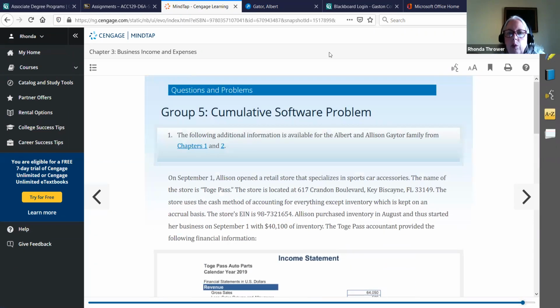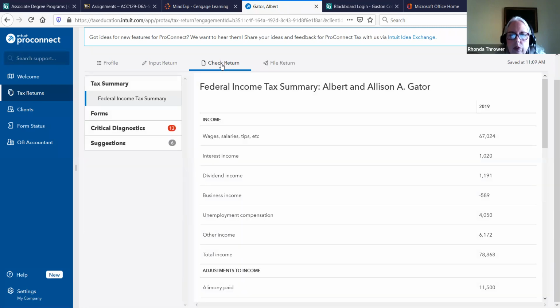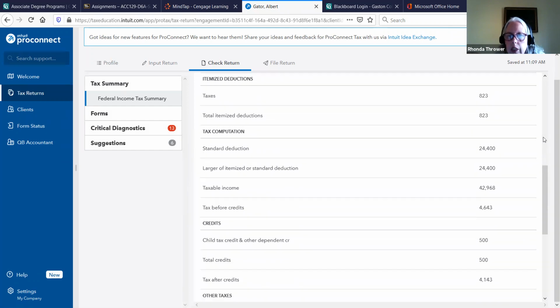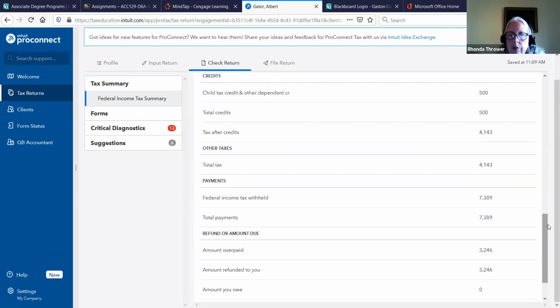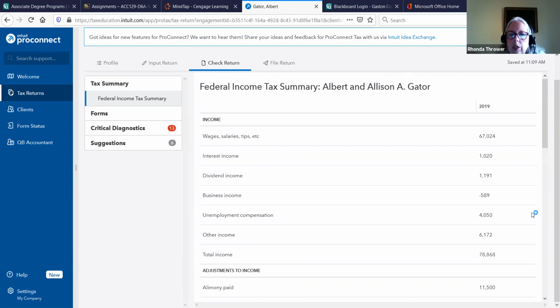And so what I would suggest that you do then is check your return. And your return information has all this recorded on it. And you can just look over this to see if you can figure out where the amounts came from.